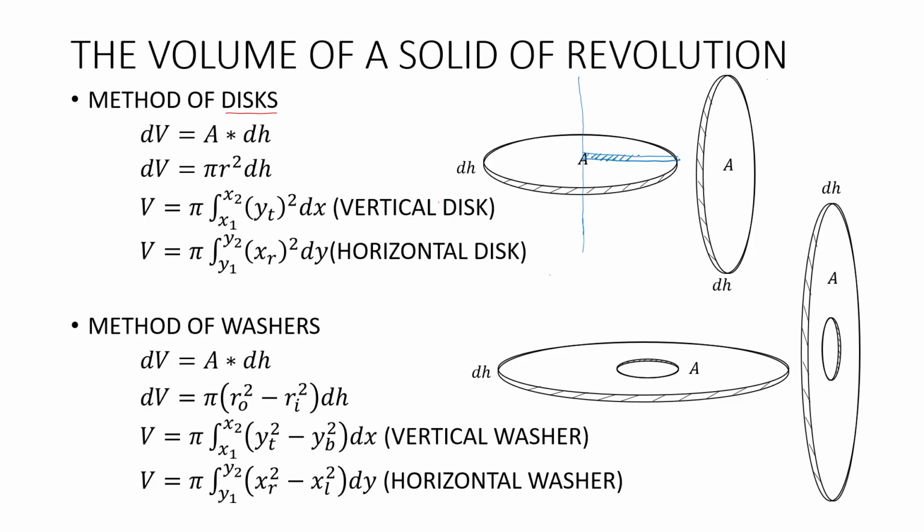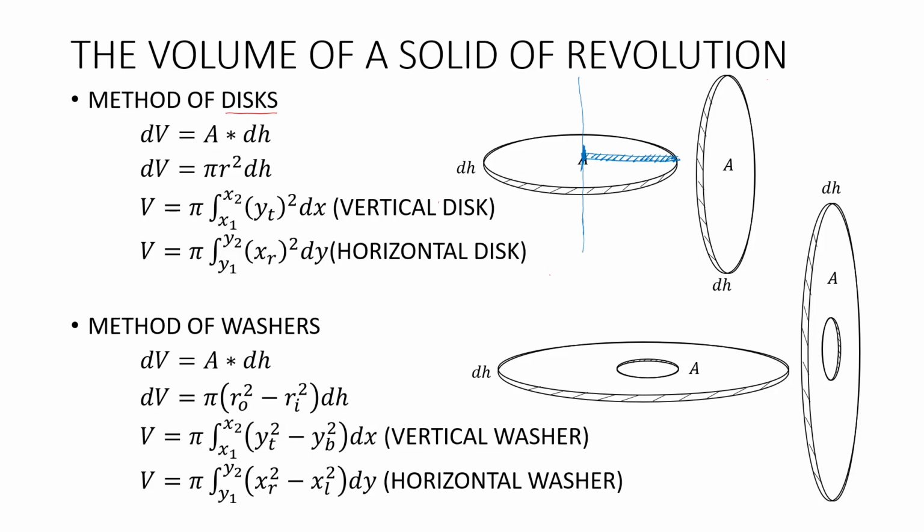Notice that in your horizontal strip, there is no gap between the right and the left, and the left part is touching the axis of rotation. So if one part of your strip is touching the axis of rotation, it is automatically a disk.